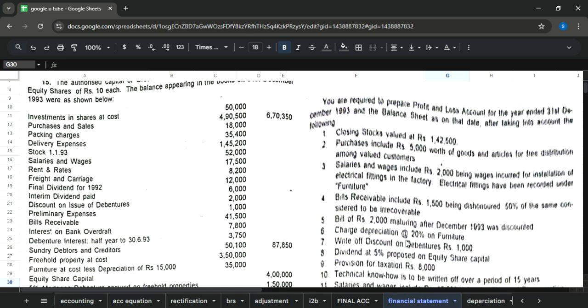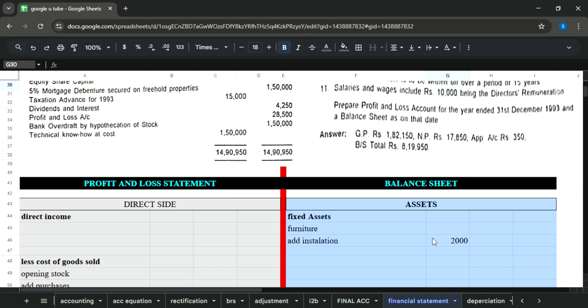On the other hand, 20% rate is mentioned but the method is not mentioned. So let me tell you what you will have to do. 35,000 is final cost. You are needed to charge depreciation. So less depreciation according to first method, that is fixed base method.